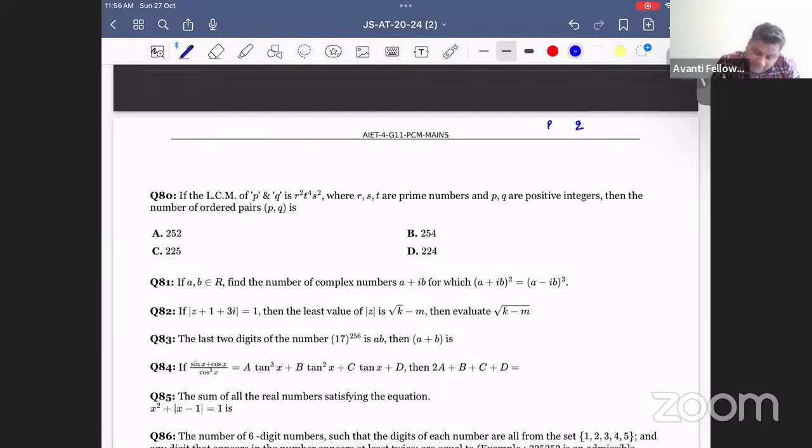Either it is having r square, r to the power 0; r square, r to the power 1; r square, r square; then again r to the power 1, r square; and r to the power 0, r to the power 2. So total 5 cases with respect to r. Similarly, with respect to t, if you will see, there will be total 9 cases. And with respect to s, again 5 cases. So answer will be 5 into 9 into 5, that is 225. Got it?